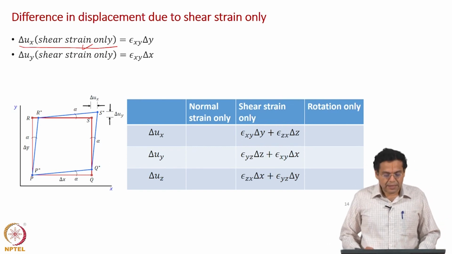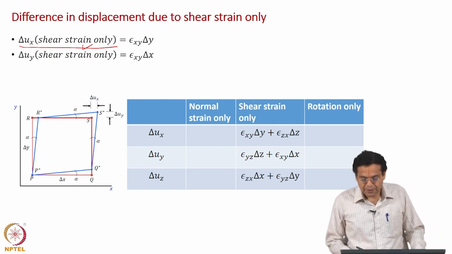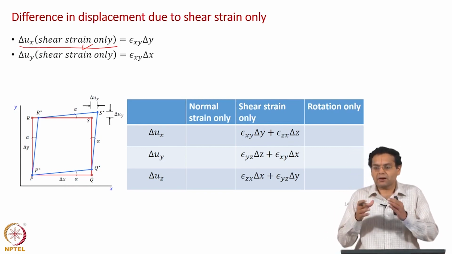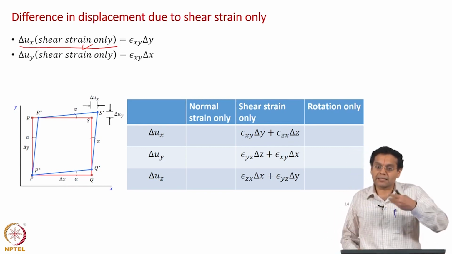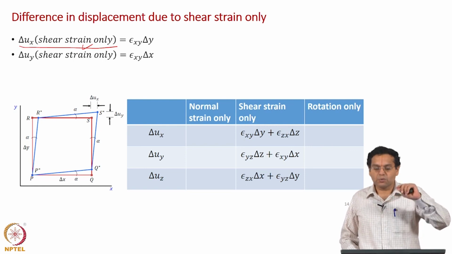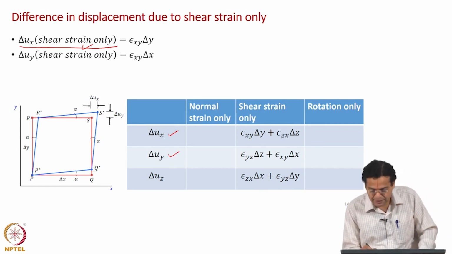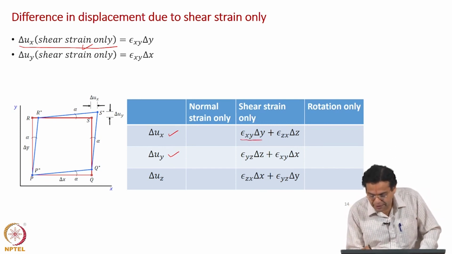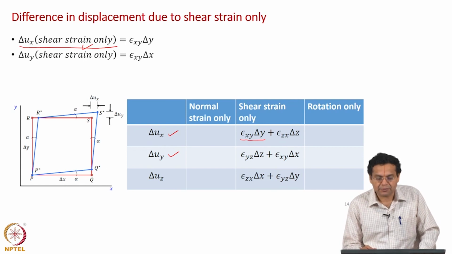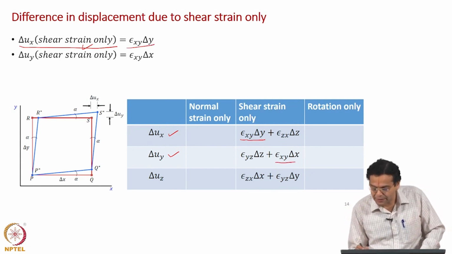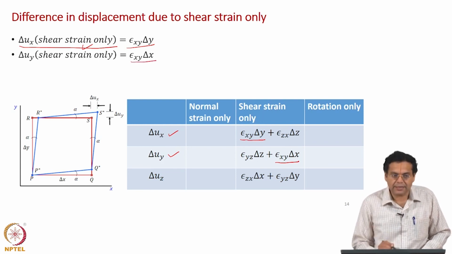Now, let us fill up the table. Okay. Now, remember what did we say? Shear strain causes difference in displacement along the x direction and y direction. So, you will have one entry for delta ux, and another entry for delta uy, that is what is shown here. You have one entry for delta ux, which is epsilon xy into delta y, and another entry for delta uy, epsilon xy into delta x.